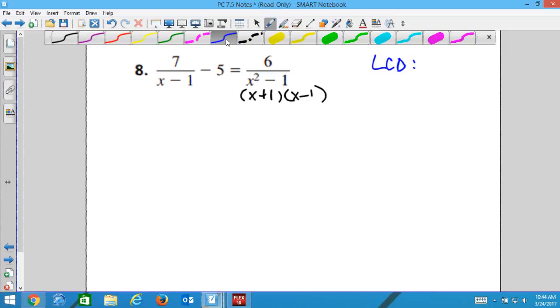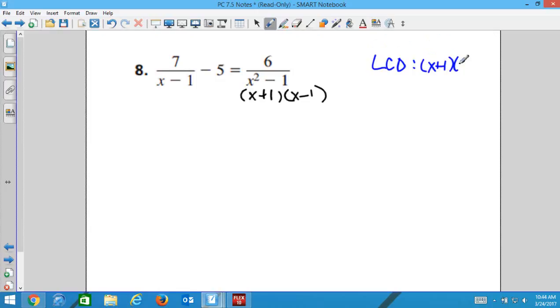So we're going to multiply both sides by the LCD, which is x plus 1, x minus 1 over 1.